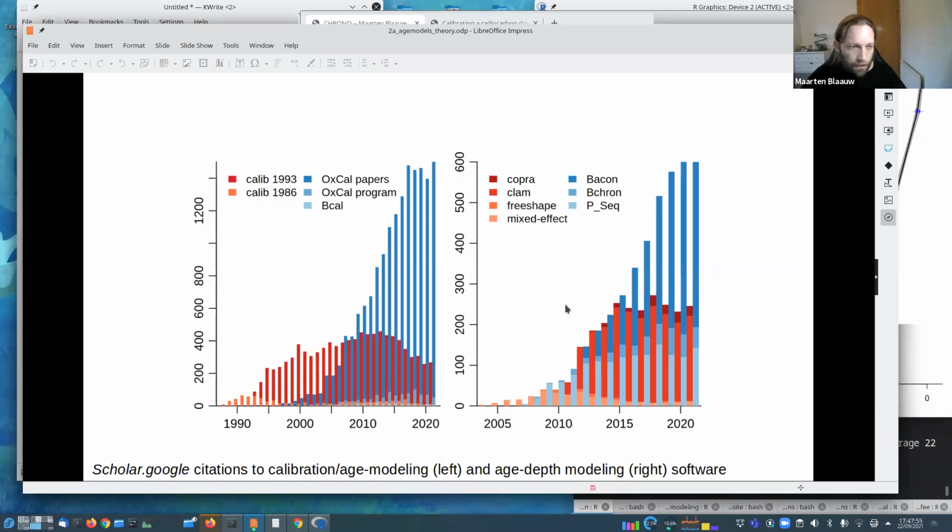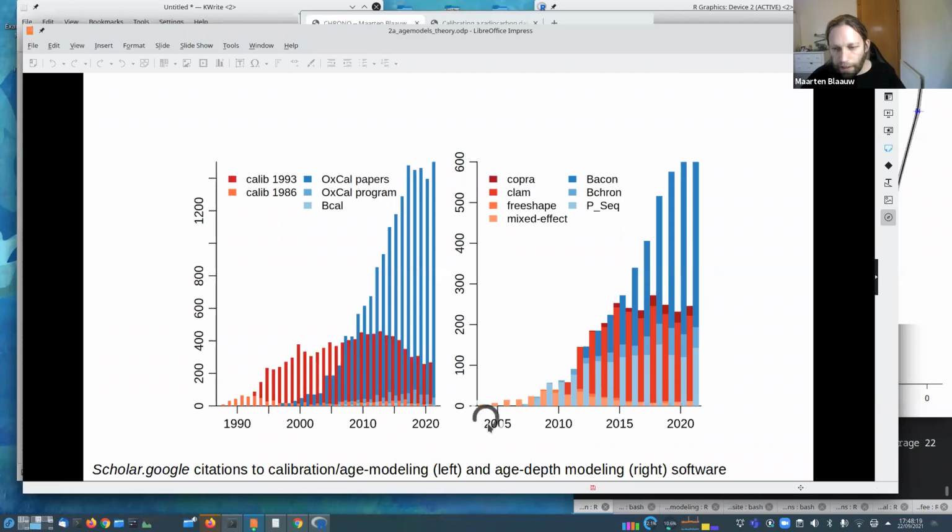Free shape, which was a model which actually never became available for other people to use, only within one lab. And then CLAM, which I produced in 2010 as an R package. And then COPRA is a more recent one, which is mostly used for speleothems in the speleothem community.